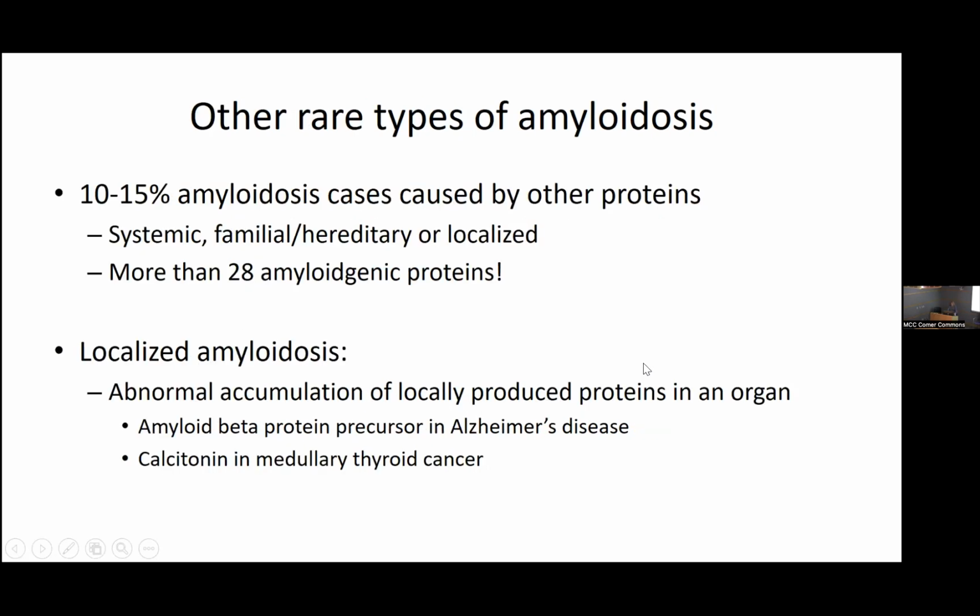Okay, there's a gazillion of these subtypes, which is why you get the mass spec. And every now and then I'll get a mass spec back and I've never heard of it. And I look it up and I get to the right person. Okay. I mean, keep in mind, even Alzheimer's disease is a type of amyloidosis that's in the brain. I don't have a slide on it. I meant to add it, but sometimes you can have localized light chain amyloidosis, typically in the dome of the bladder, in the lung.